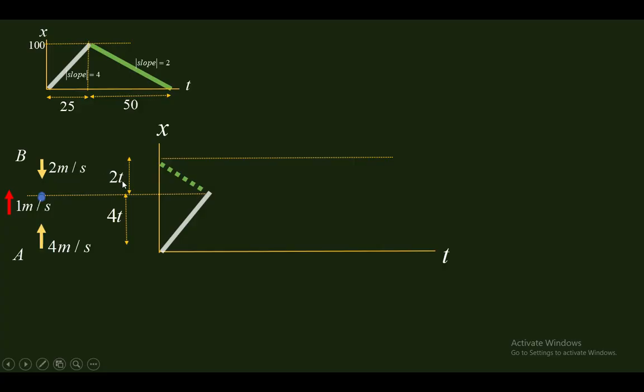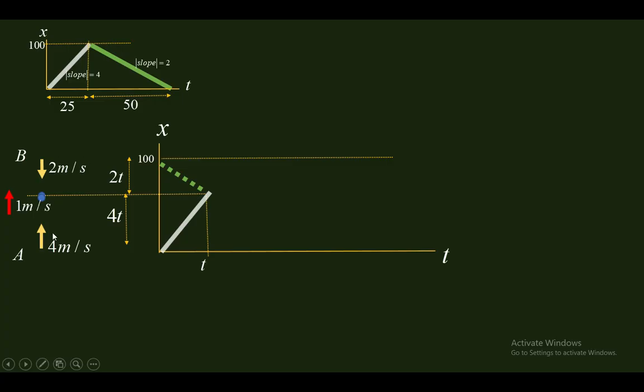Also, I am showing the graph for B as dotted lines, so that you can easily differentiate. All those lines which are dotted show the graph of B. So this is the point where they meet for the first time, and it's assumed as time t.